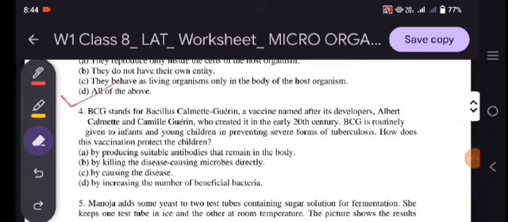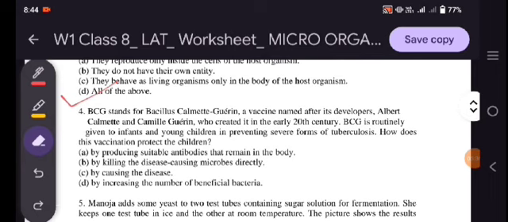BCG stands for Bacillus Calmette-Guerin, a vaccine named after its developers Albert Calmette and Camille Guerin, who created it in the early 20th century. BCG is routinely given to infants and young children to prevent some forms of tuberculosis, TB.